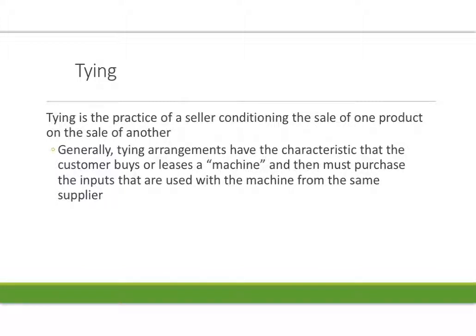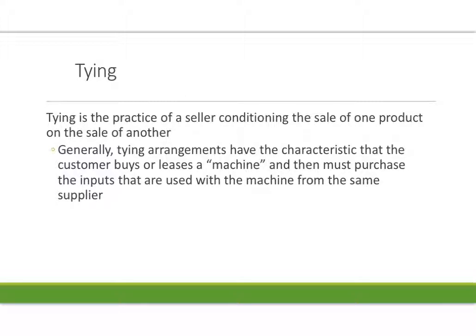So when we talk tying, we're talking about conditioning the sale of one good on the sale of another good moving forward. So oftentimes it's you buy or lease. A lot of times this is done in an office setting. You buy or lease, say, a copy machine, and conditional on the purchase or lease of that copy machine, you agree to buy maybe your toner, your ink, your paper, those sorts of things from the same company.